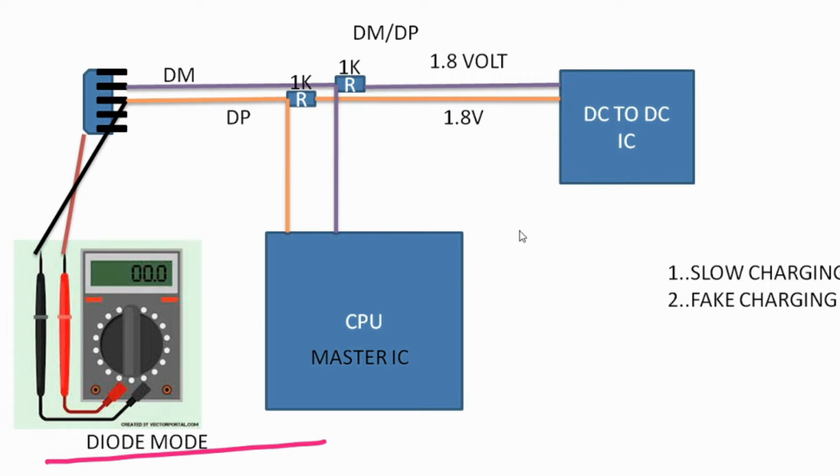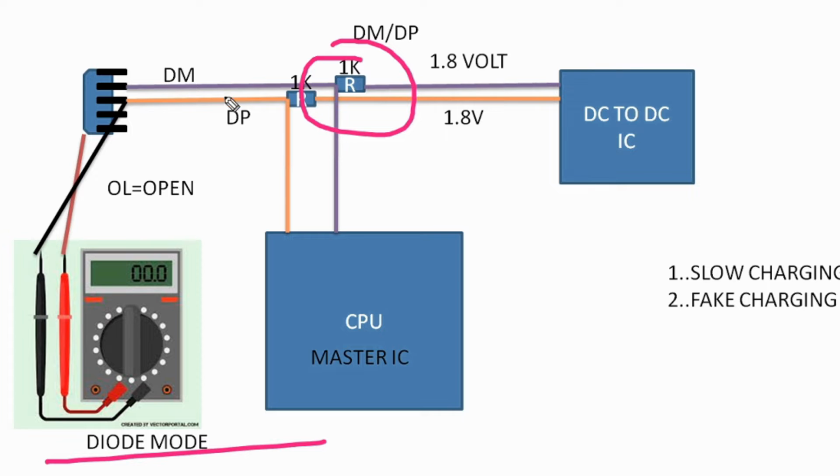If you have a value, then check on voltage mode for 1.8. On the other hand, if you get OL, meaning the meter shows OL, it means one of the lines is open. Next, check these lines, you can see the 1K resistor, right?